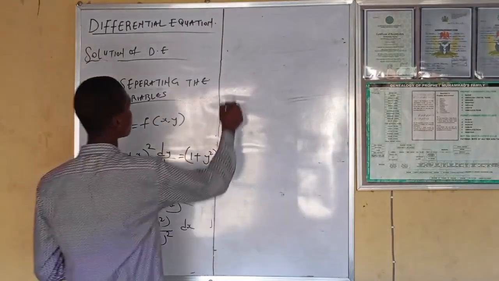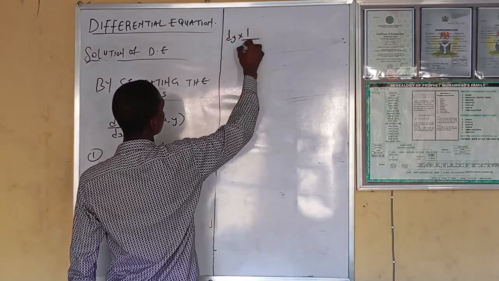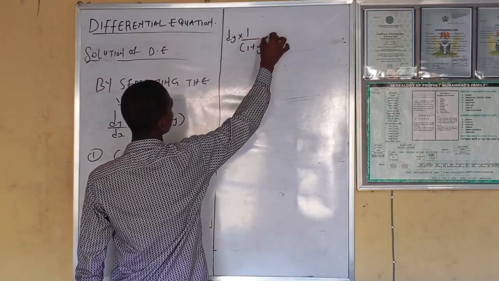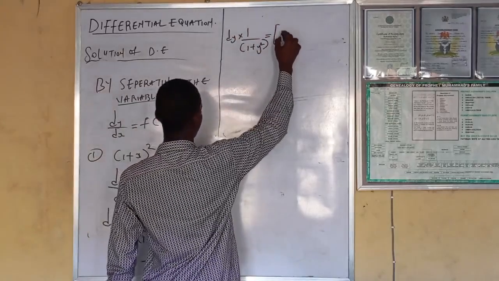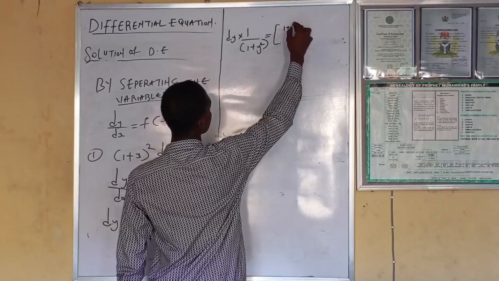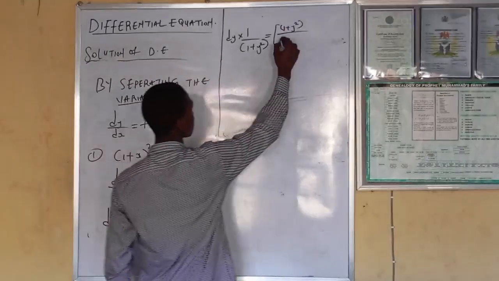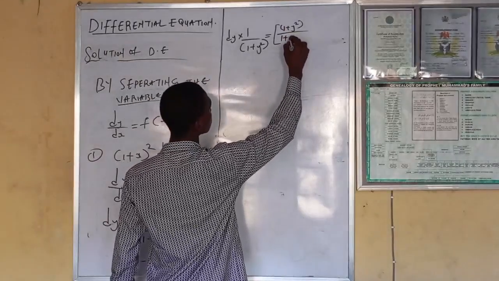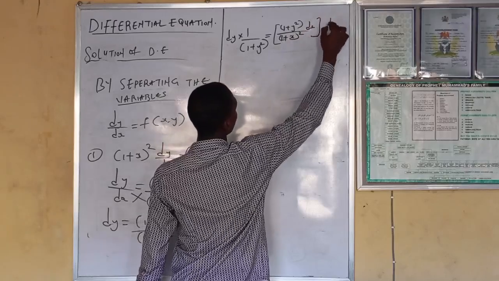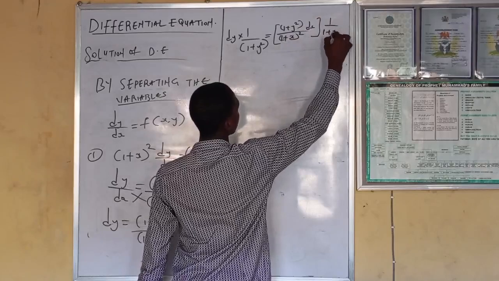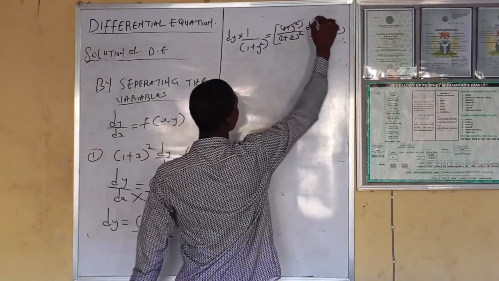By doing that, we have dy times 1 over 1 plus y squared, equating that to 1 plus y squared, repeating all what you have here, then multiply one over 1 plus y squared. Then doing your algebra, this can cancel this.